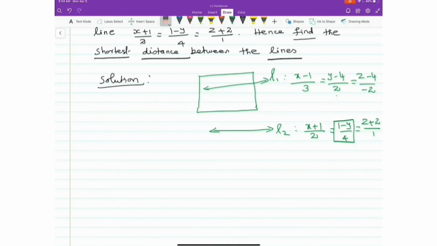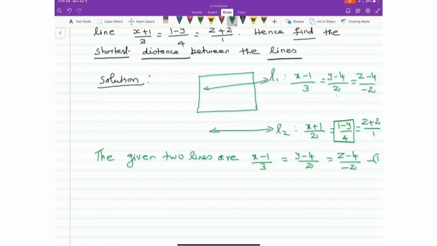The given two lines are (x minus 1)/3 is equal to (y minus 4)/2 is equal to (z minus 4)/(minus 2).